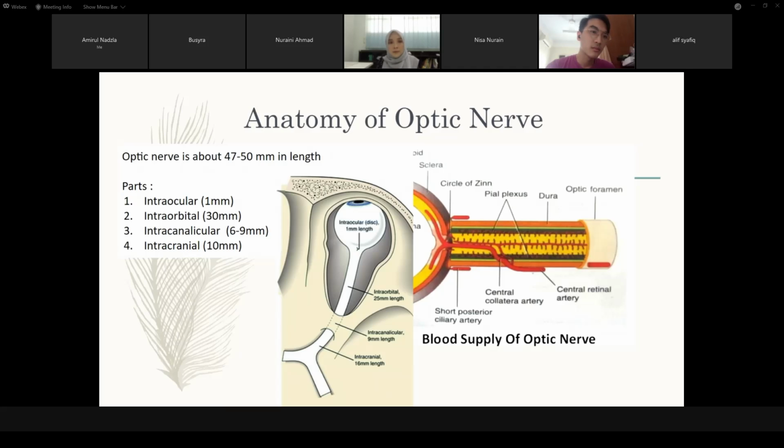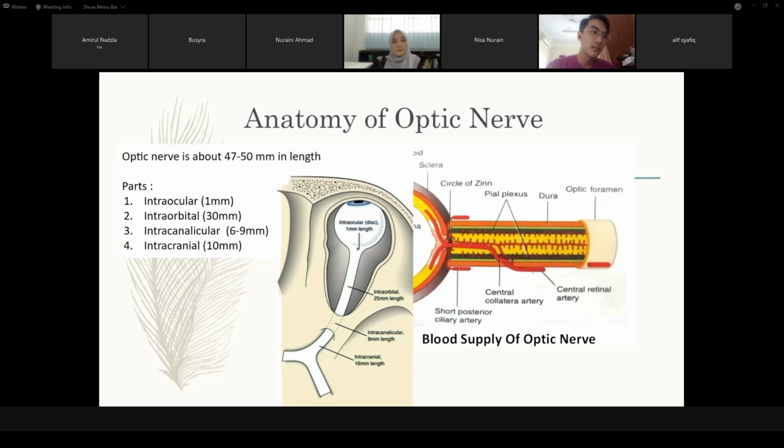And then the intraorbital segment is the longest part, which is around 13 millimeters. It passes posteriorly and then centrally within the orbit, and it is also surrounded by the dural lining and CSF. So it directly communicates with the subarachnoid space, and that's why when there is increased pressure from hydrocephalus, papilledema will occur.